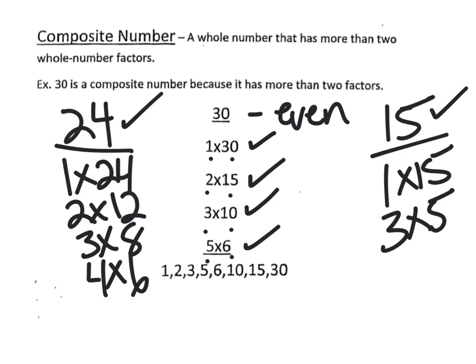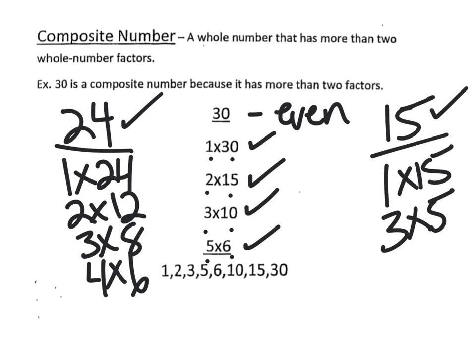Well, 63 is a little bit bigger number, but I know 63 is a composite number because it's a math fact. 1 times 63 is going to be 63, but I also know that 7 times 9 gives me 63. And with that being said, that's enough proof for me right there just to label it composite.